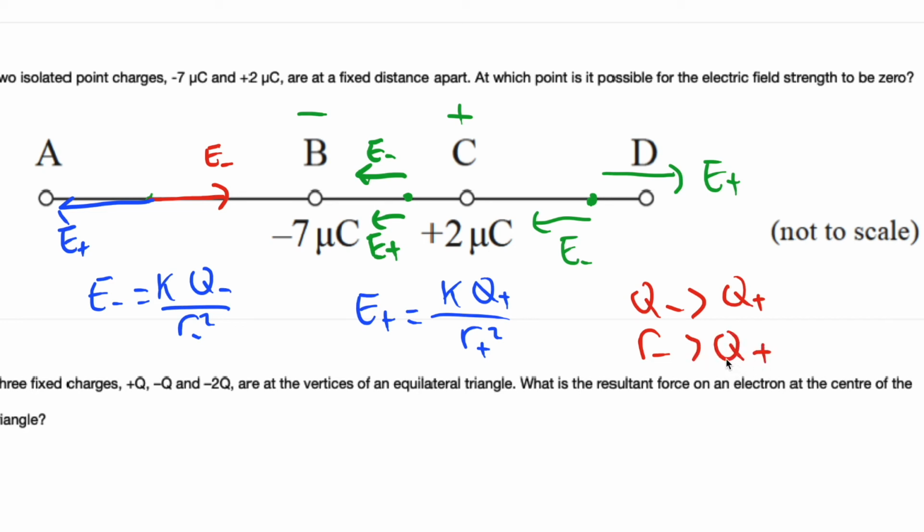Is this correct? Oh, sorry, I made a mistake here. Q minus is greater than Q plus, and R minus is less than R plus, meaning that E minus might be equal to E plus. So here will be the correct region.